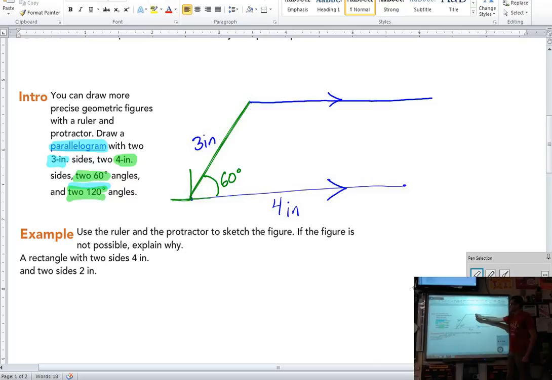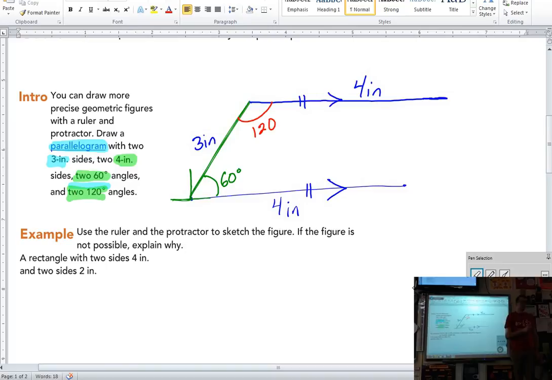Congruent. So if that was 4 inches, this must be 4 inches. So I probably have to extend it a little bit longer. I can label that 4 inches. If you measure this angle, or if you set it up using the protractor, this is going to be 120.